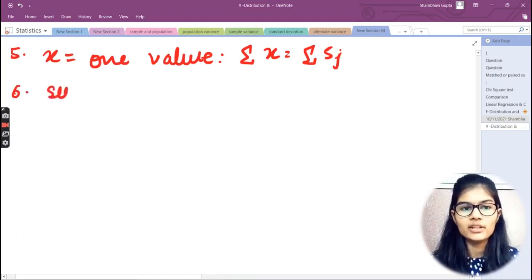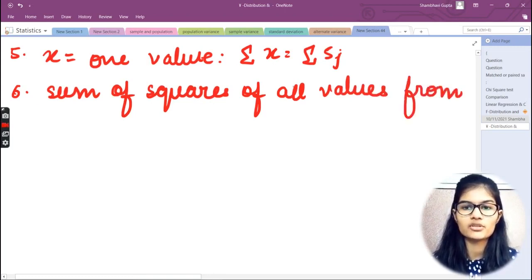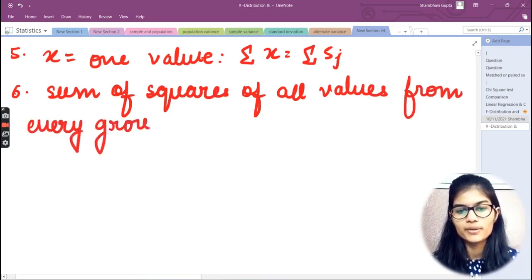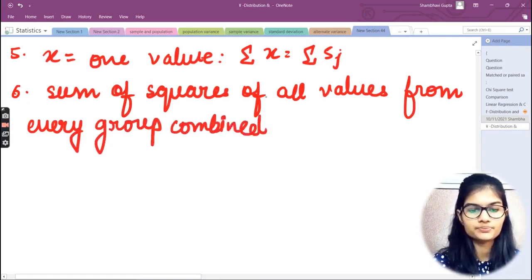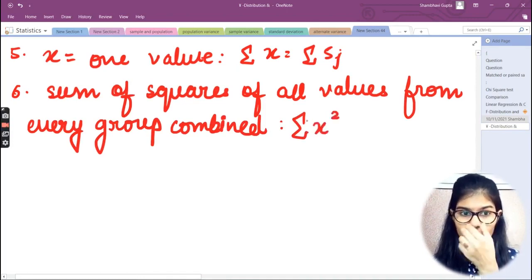Next we have the sum of squares of all values from every group combined, and what's that? That's sigma of x square, right?